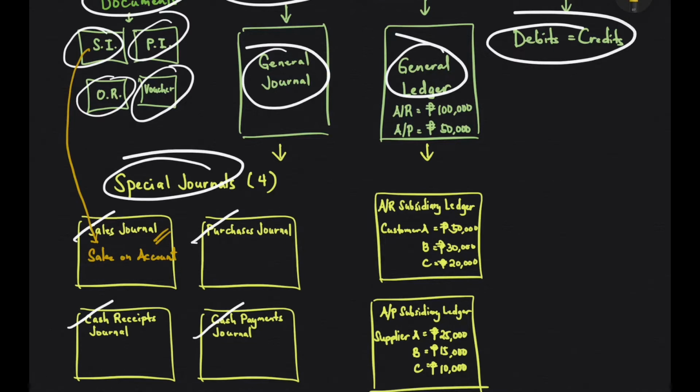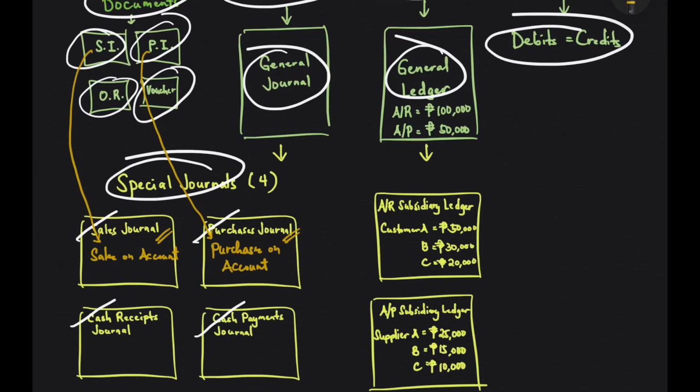Next, we have the purchases journal, which takes in all purchases on account. So in journal entry, it would be debit to purchases, credit accounts payable. And the related business document here would be the purchase invoice. Next, we have the cash receipts journal, which takes in all cash receipts of the business, or anything that would allow the company to debit its cash.